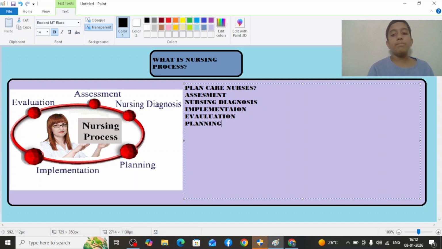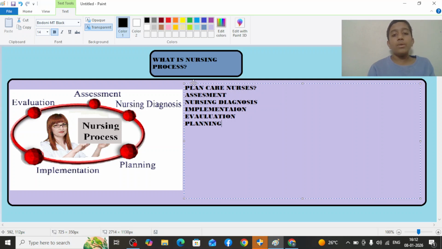When they talk to the nurses, the patient feels like they are their own persons, like relatives, and the nurses give more kind and lovely care to the patients. Now, in sequential steps, we have learned assessment, diagnosis, planning, implementation, evaluation.